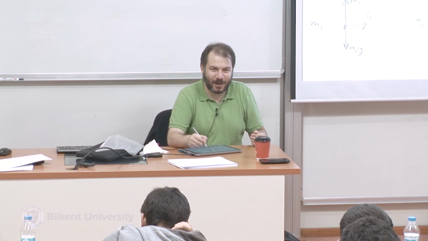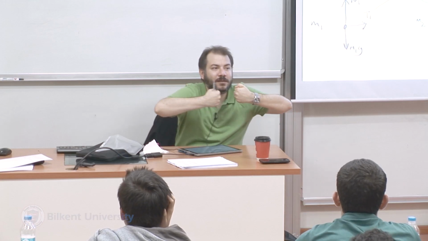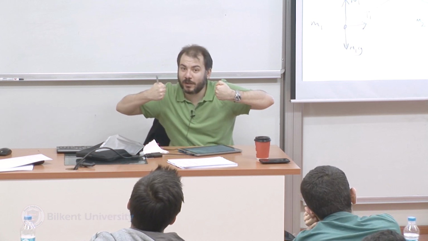If M3 is accelerating with A, it must be carrying M2 with the same A. Why? Because if they had different accelerations, the relative acceleration would be non-zero, which means the distance between them would be extended or getting smaller.